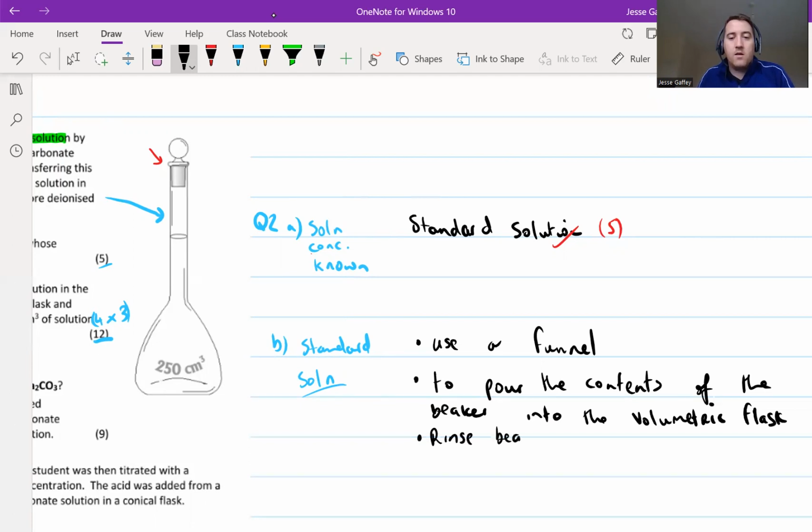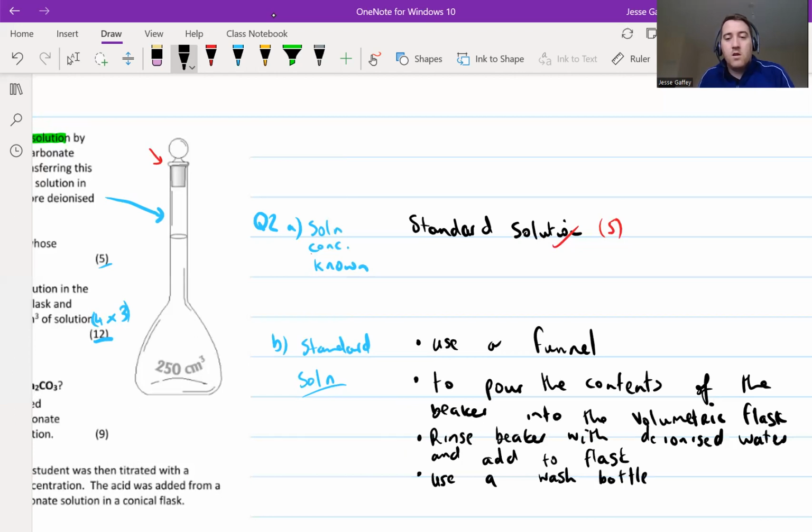Rinse the beaker, and we usually rinse it with deionized water and add to the flask. What do we do then? Okay, we're going to use a wash bottle. That's what my students do. They use a wash bottle to top up the flask.